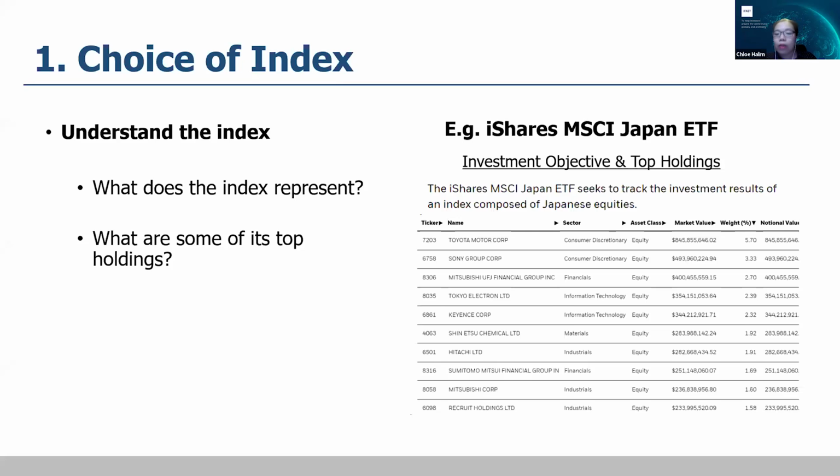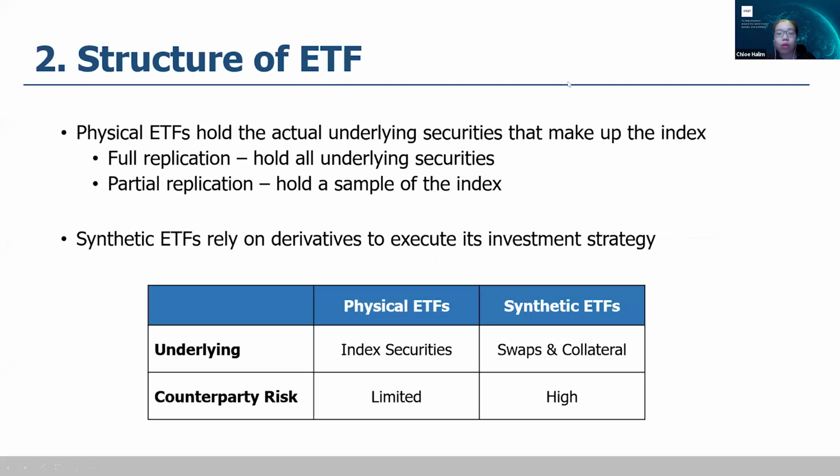So the next and final qualitative factor we look at is the structure of the ETF. An ETF can either have a physical or a synthetic structure, but we note that a majority of ETFs out there are physical. And what this means is that they hold the actual underlying securities that make up the index that they are tracking.